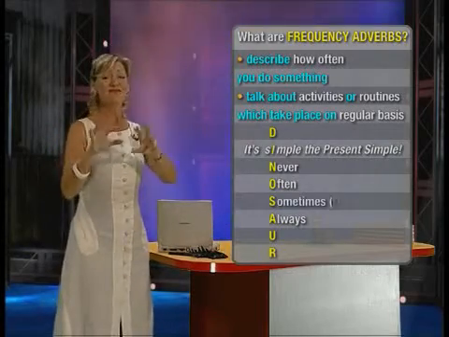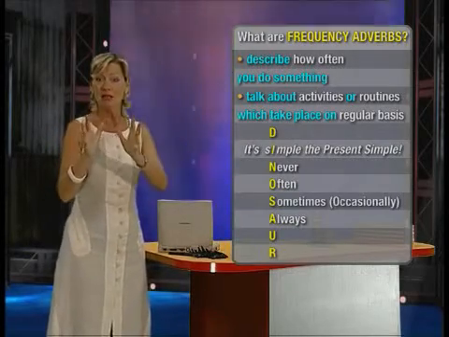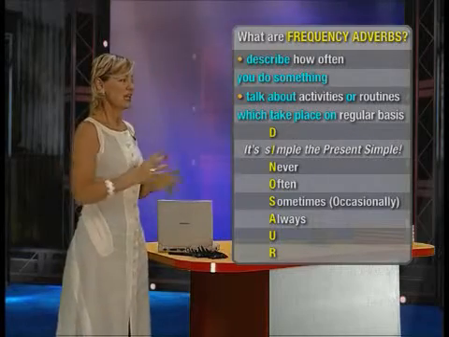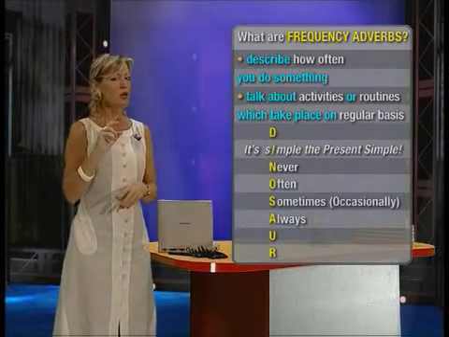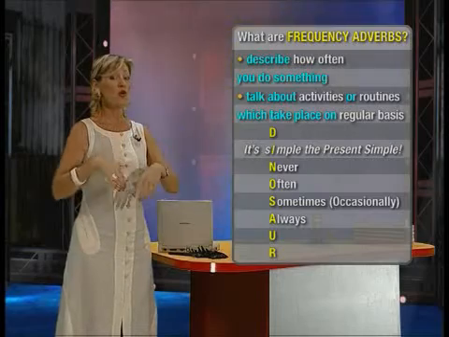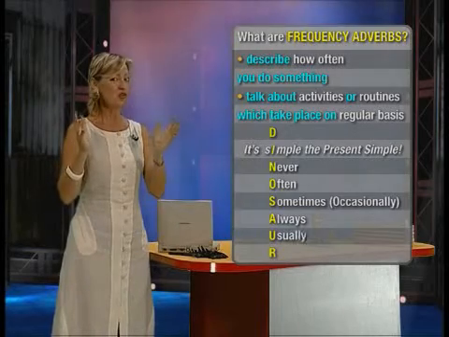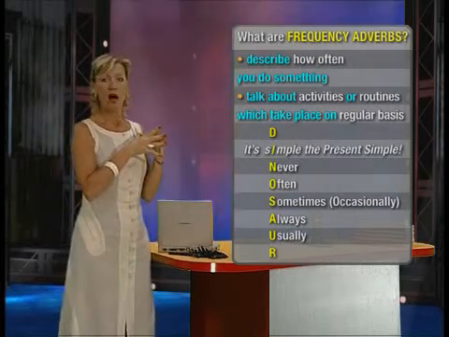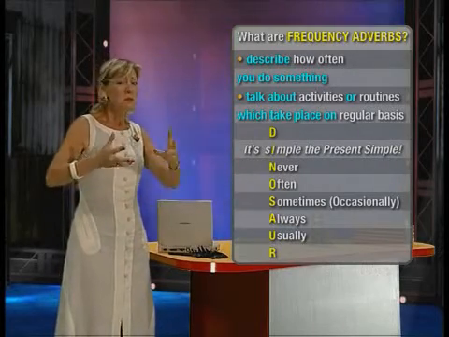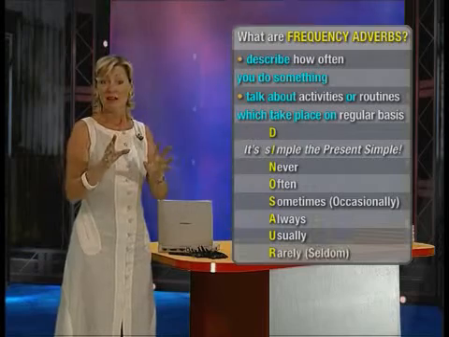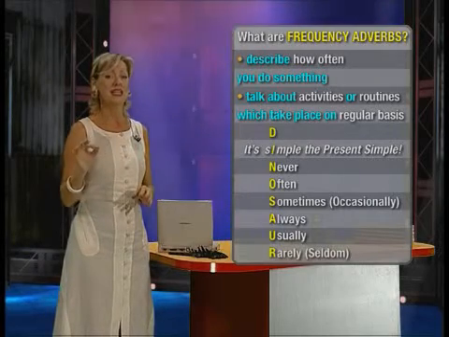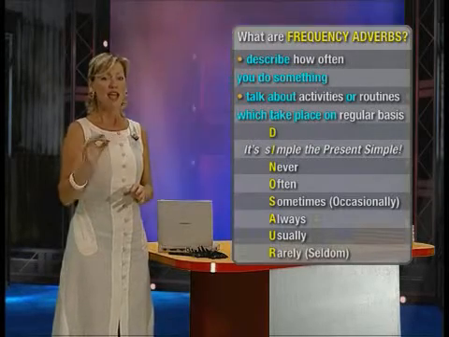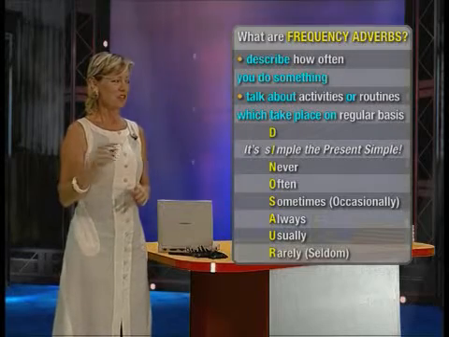What about S? S is sometimes. Very good. Sometimes. Now, U is for usually. Usually, it's a habit. What about R? R stands for rarely. That's difficult to pronounce. Rarely. And the last one, look at the top.